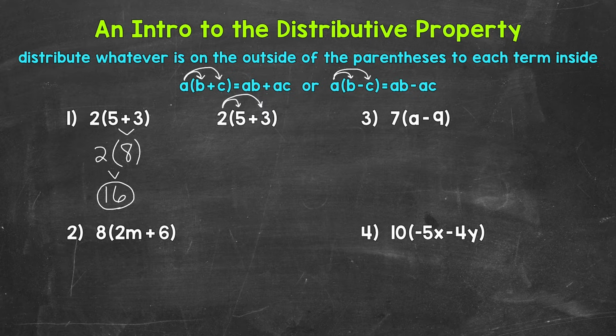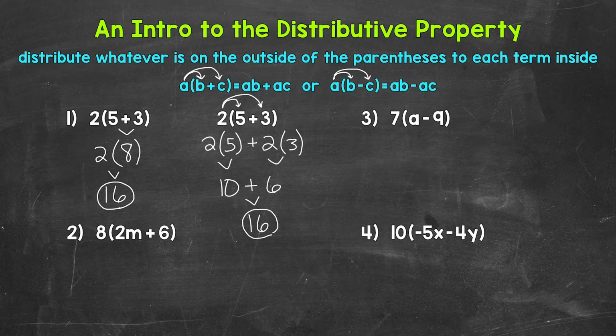So we have 2 times 5 plus 2 times 3. 2 times 5 gives us 10, plus 2 times 3 gives us 6. 10 plus 6 is 16. So we get 16 that way as well.